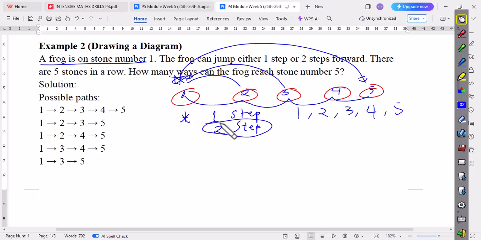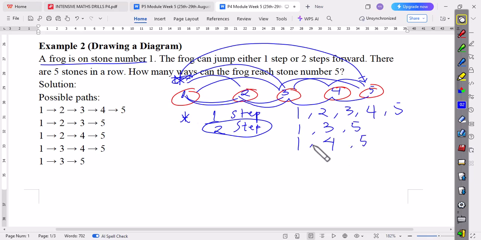We use one step first: one, three, and directly two steps to five. One, three, five. Next, we find another possibility by using two steps first: one goes to three, then four and five. So one, three, four, five.